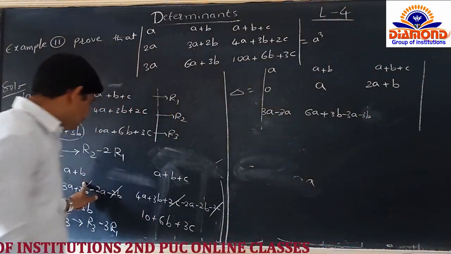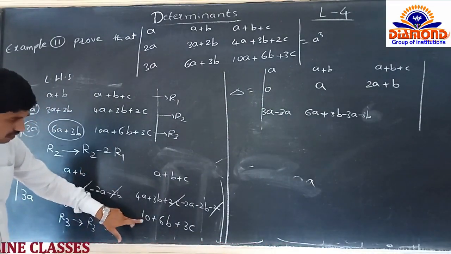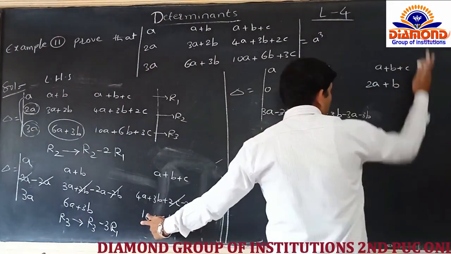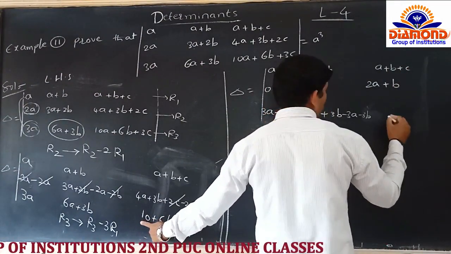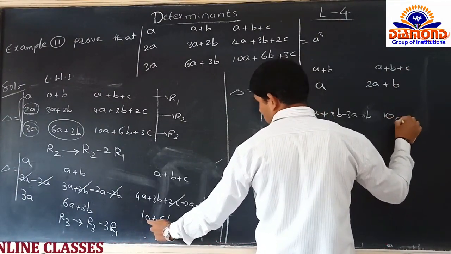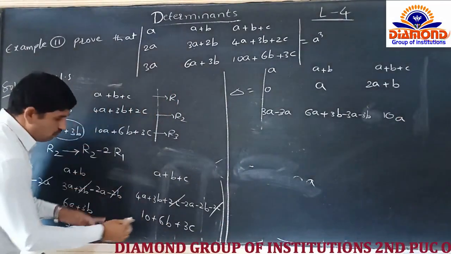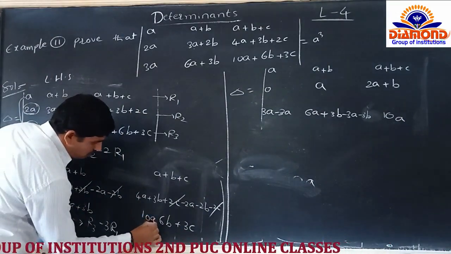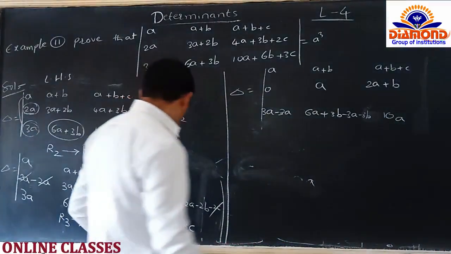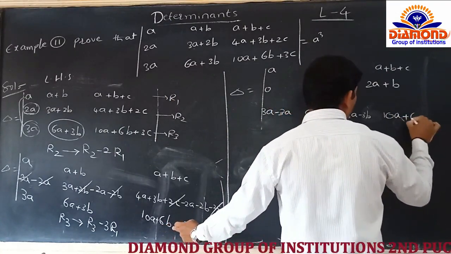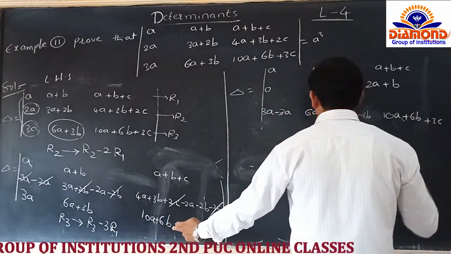Then the last one. Before that we write R3. R3 is actually 10a plus 6b plus 3c.